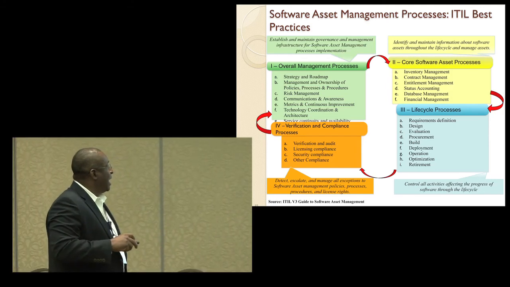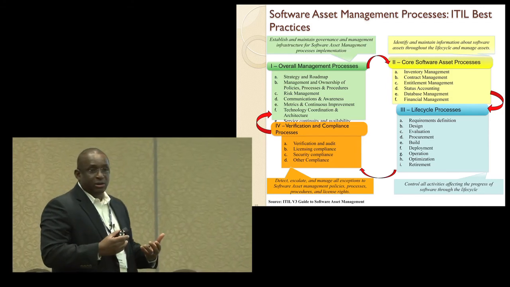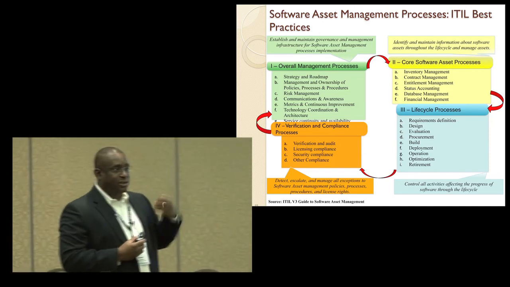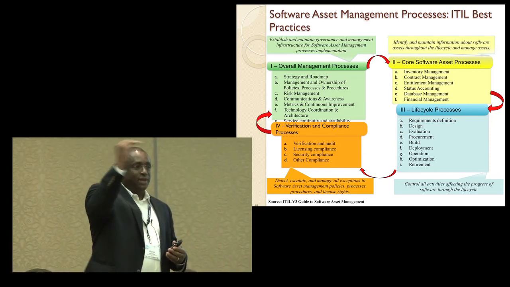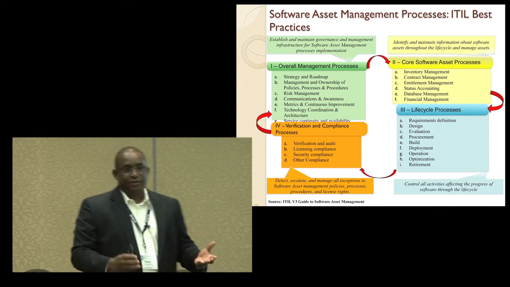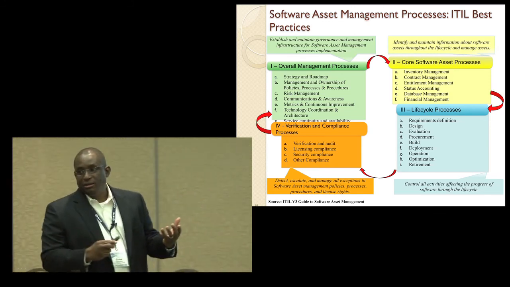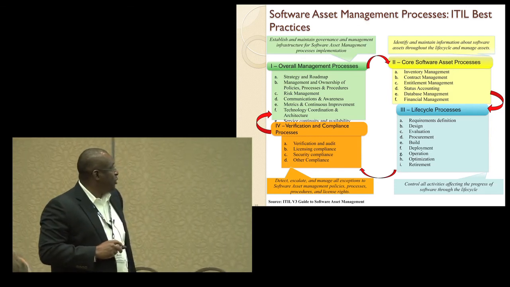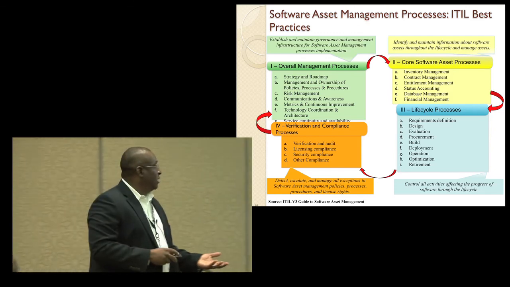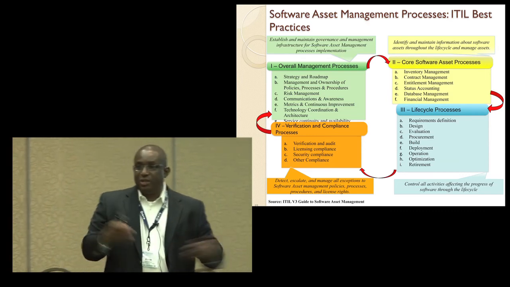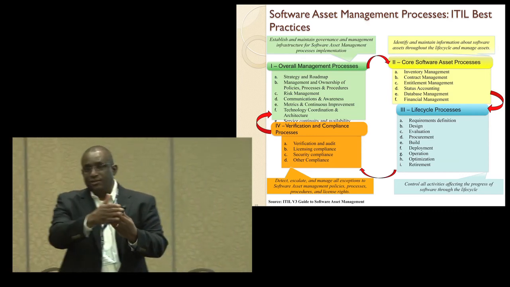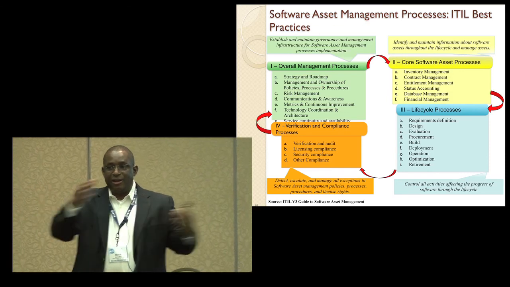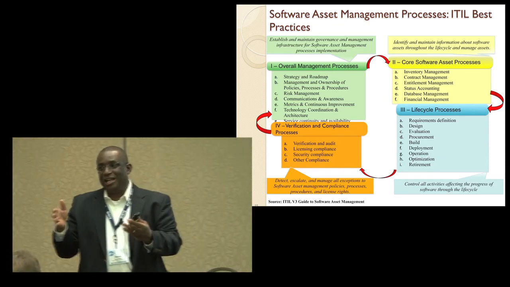And as you implement software or disperse it through the organization, from the time that someone says, I need 1,000 licenses of Microsoft Office, what does that really look like? How do we define that and make sure that we can procure it and deploy it? And do optimization, because if I buy 1,000 licenses and all of a sudden I'm up to 1,200 people, and I didn't negotiate for those additional 200 licenses, I'm in trouble.